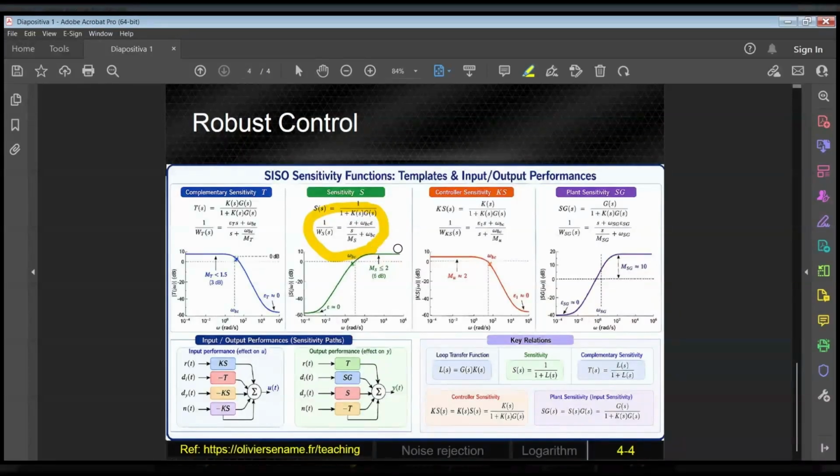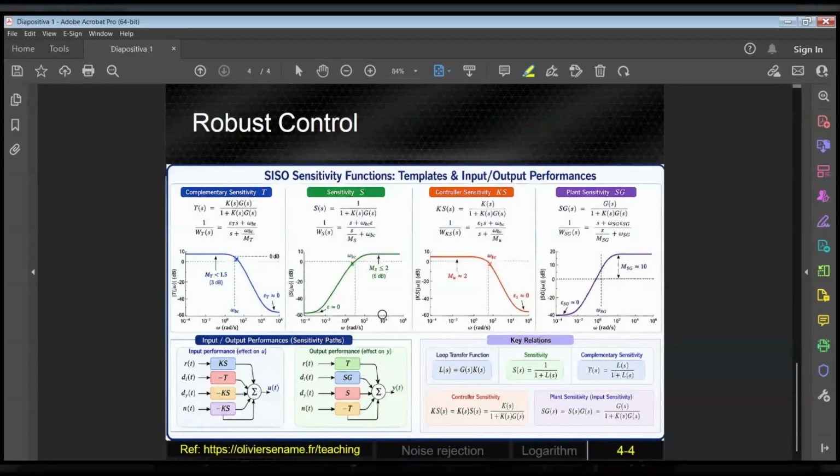So the bandwidth separates low frequencies from high frequencies. Below the bandwidth, we focus mainly on tracking and disturbance rejection.